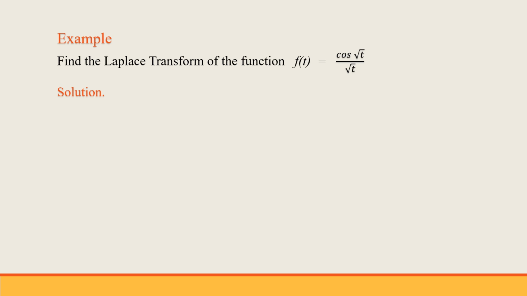For this, let us consider a function g of t equal to sine root t. So the derivative of gt, we get g dash t equal to cos root t by 2 root t. And our function ft is cos root t by root t.